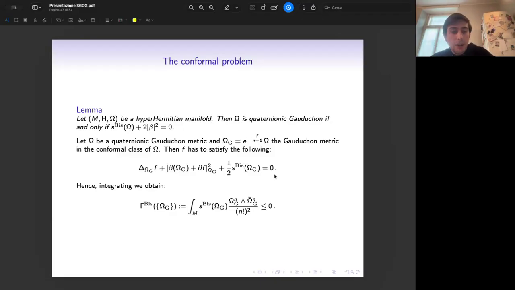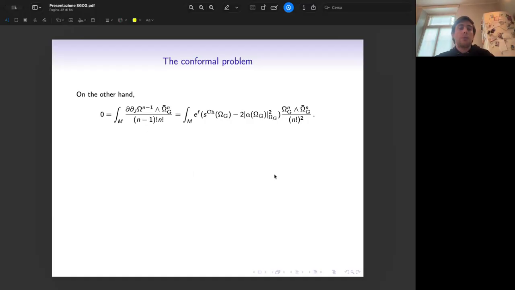So that's the first necessary condition. Using the quaternionic Gauduchon condition as a cohomological condition, we can integrate this form, which of course is 0, but integrating by parts, what we obtain is that this integral has to be 0.